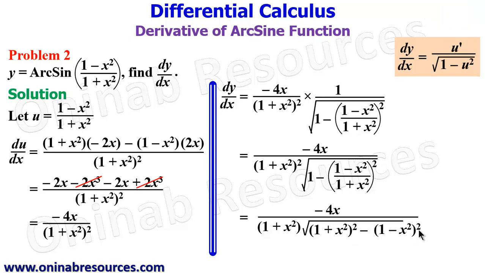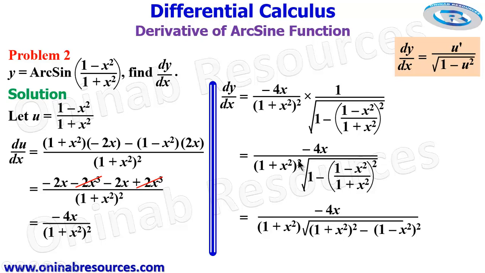What I did here is to make what we have inside the square root a single fraction, which carries 1 plus x squared all squared as the denominator, and its square root will just give us 1 plus x squared, so we remove one of these.